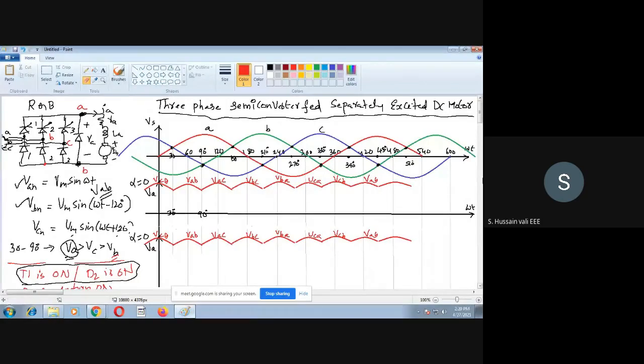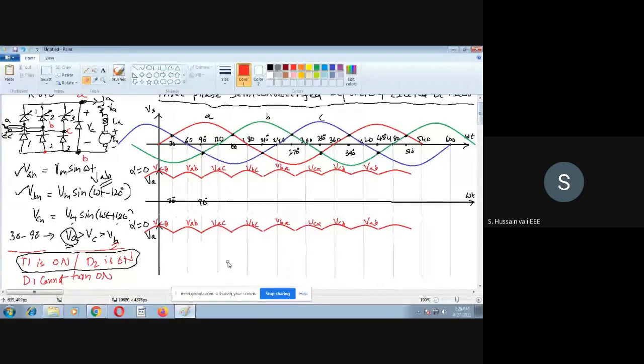Now you see here. As alpha is greater than 0, the triggering, which earlier happened exactly at 0, will now happen at this point. Better I write here VAB, which means T1, D2.